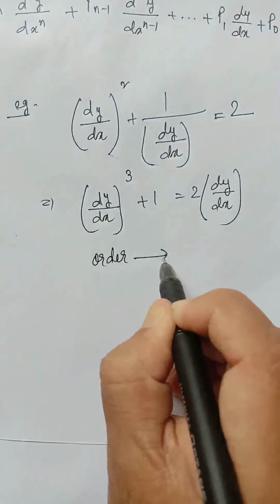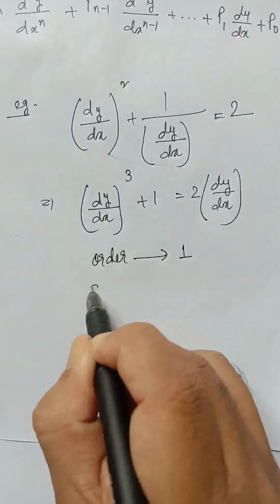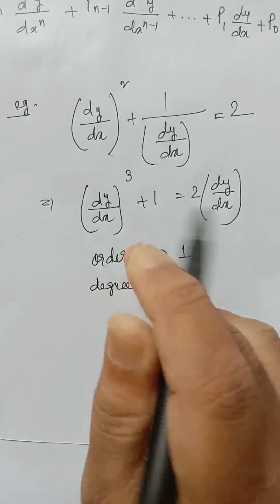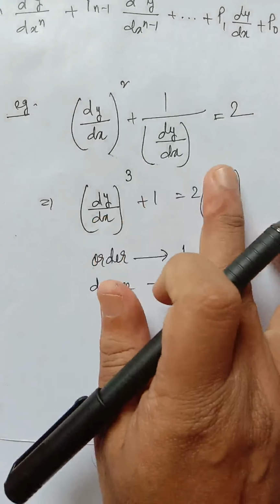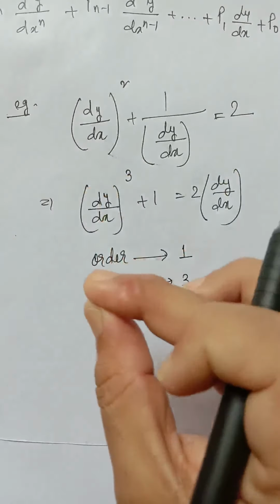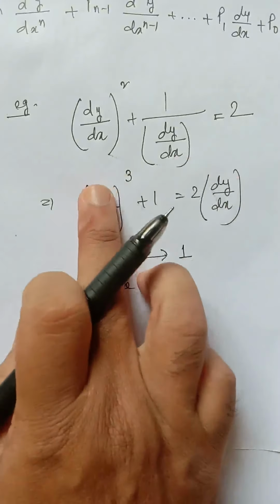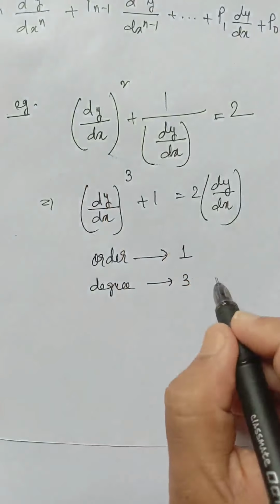So order of the differential equation is 1 and the degree of the differential equation is 3. Highest order derivative is 1 and highest degree is 3.